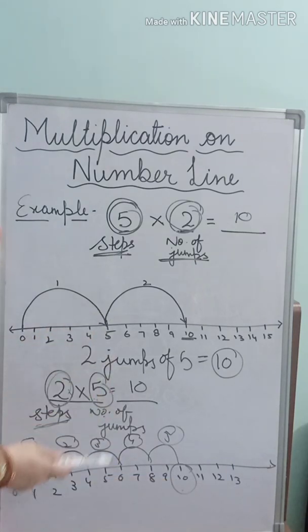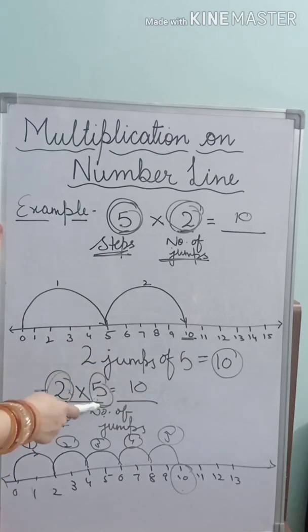But as you can see, both the number lines are different, because the number which comes first is the steps which we have to take, and the number which comes second is the number of jumps we have to take. I hope you got this, and now you can do this on your own. You can use the multiplication table also to find out the answers.